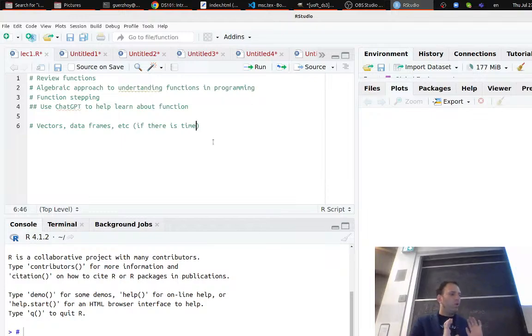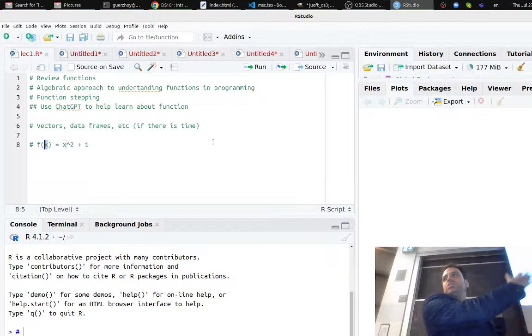So I want to, again, review the idea of what a function is. Very quickly, in math, you can write something like f of x is x squared plus 1. And then when you compute something like f of 5, you substitute 5 into the formula, and you get 5 squared plus 1, so that's 26.